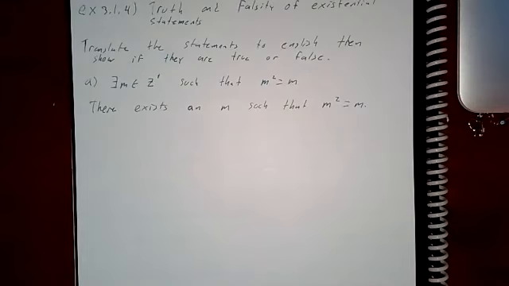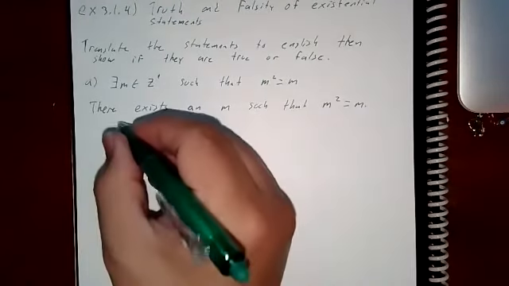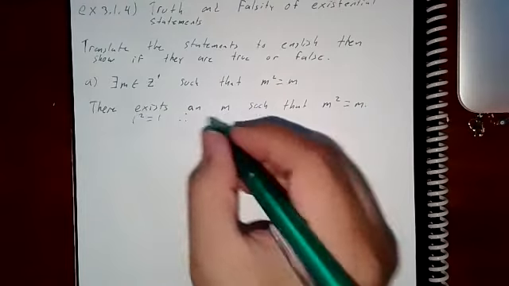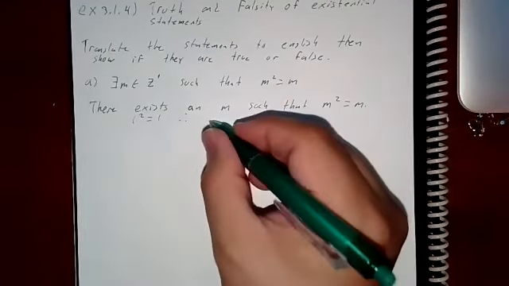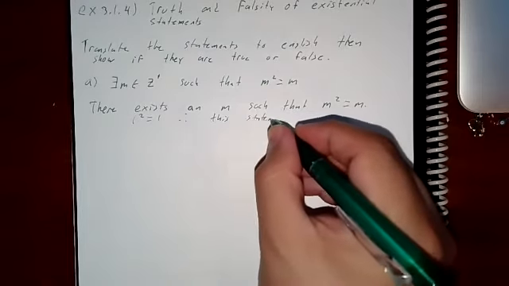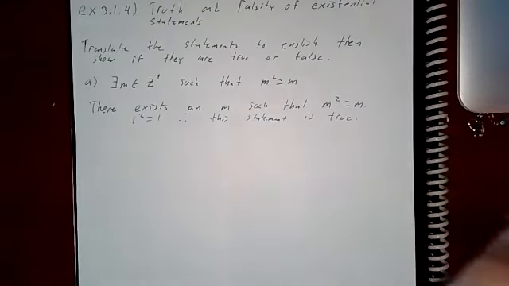We just need one of them. So an easy one in the positive integers would be 1, right? The number 1. 1 squared equals 1. Therefore, this statement is true, as long as I have 1.